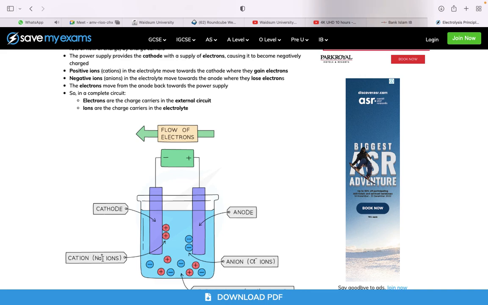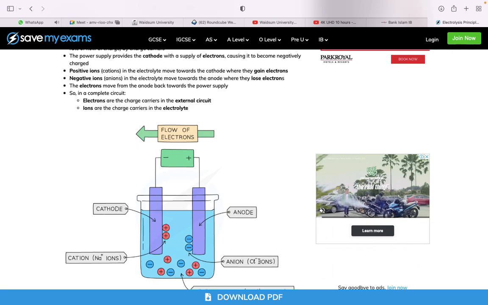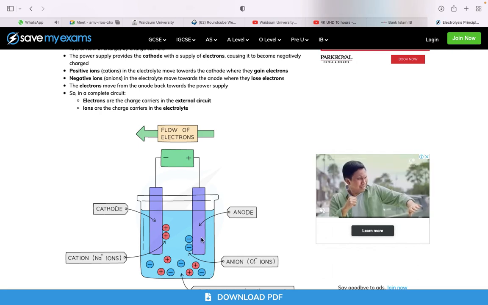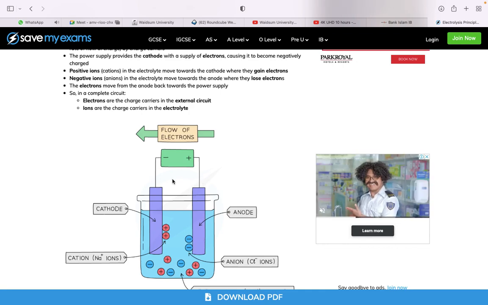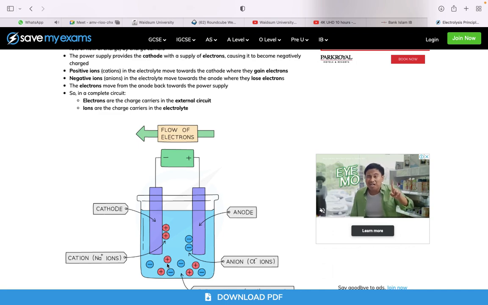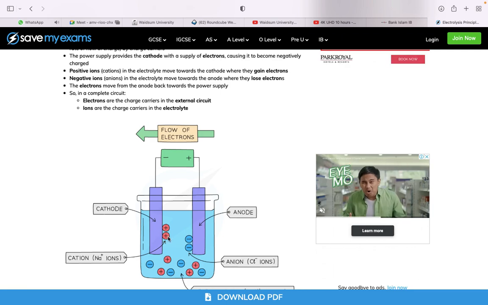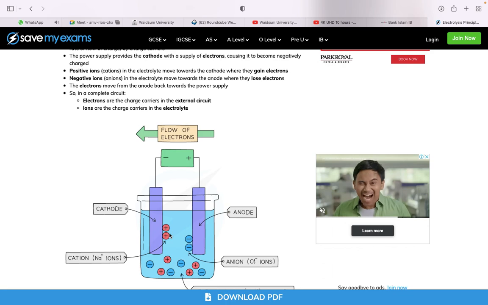On the opposite side you have the chloride ion, Cl minus. The chloride ions will migrate to the anode and lose their electrons, and the electrons will flow back to the battery. When the sodium ions migrate to the cathode, they will gain electrons. Okay? Yes.